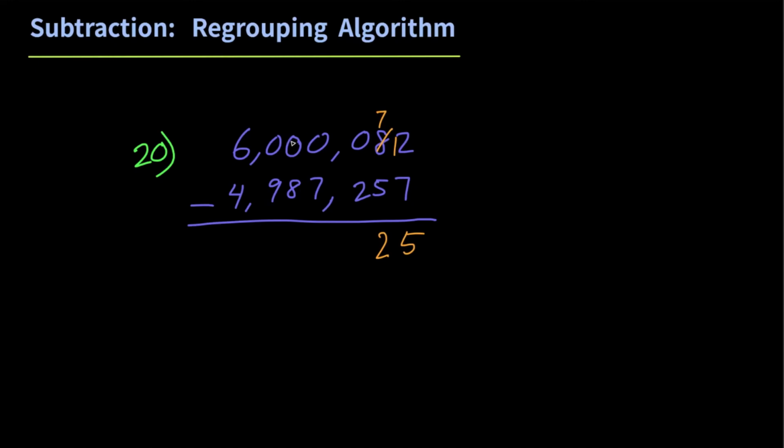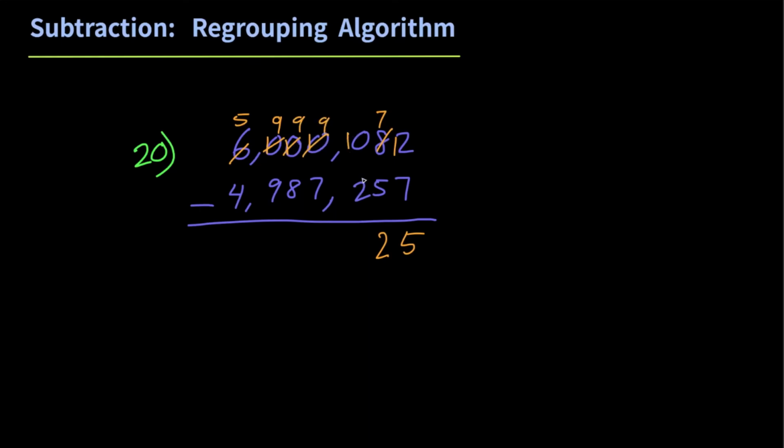Also 0, 0, 0. Okay, now I can finally borrow. So I'm going to borrow from this million. Make that a 5. Make this 10, but I need to borrow 1 for the next one. Make this one 10, but I need to borrow again. Make this 10, but I need to borrow again.